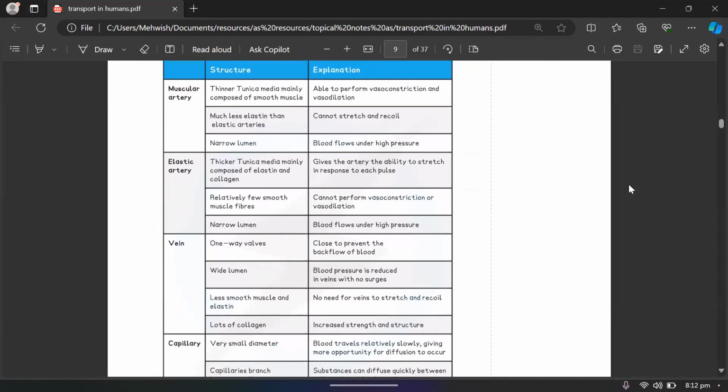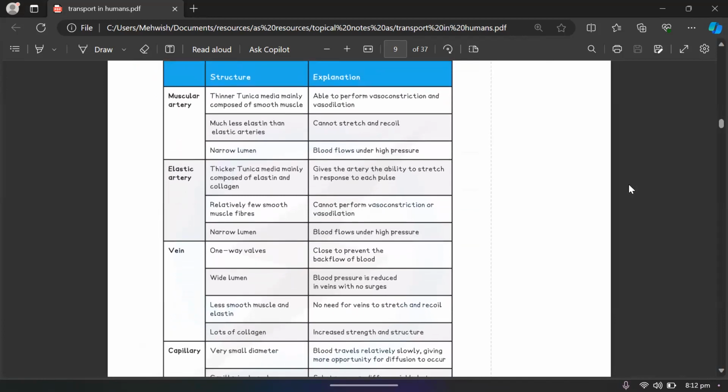Okay, so if we talk about the muscular artery, I told you that muscular arteries are mainly present near the organs. They are less elastic because they have more muscle as compared to elastic fibers. Muscular arteries can be bigger or smaller, but the smaller arteries are usually muscular.